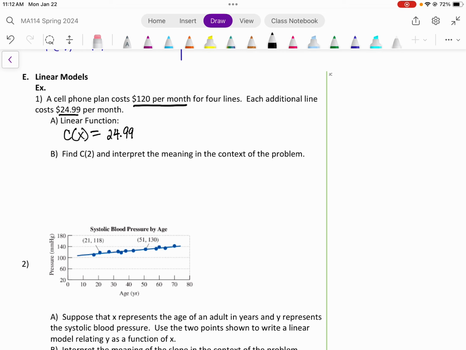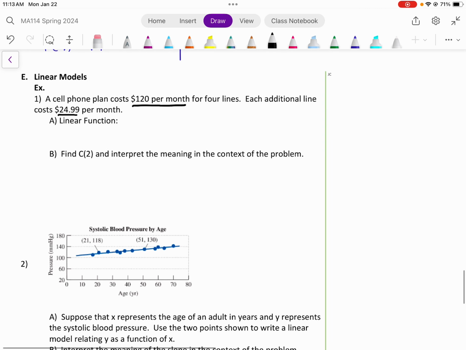All right. Let's see here. And then let's do x minus 4. Does that make sense? Each additional line is $24.99 a month. Okay, so I think we actually need to maybe make this into a piecewise function.